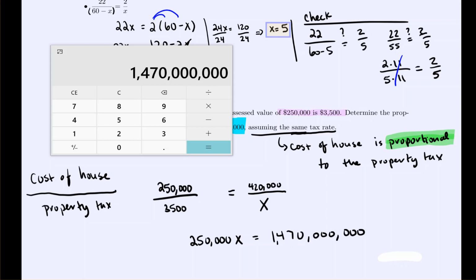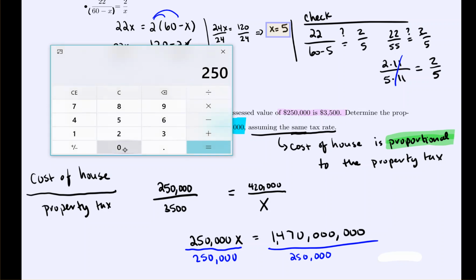And now if we want to solve for X, it's currently being multiplied by 250,000. So we would divide both sides by 250,000. And we get that the property tax for the more expensive property should be $5,880. So that'd be our answer there.